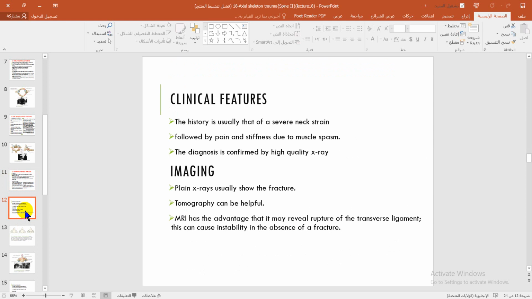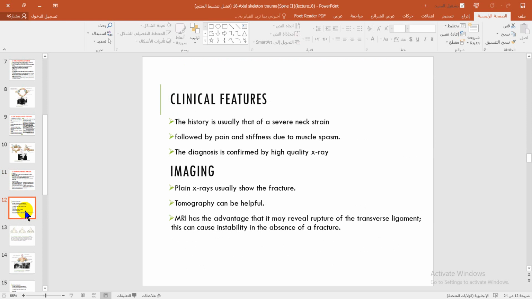Clinically, there is a history usually of severe neck strain, followed by pain and stiffness due to muscle spasm, and diagnosis is confirmed by high-quality X-ray. Imaging: plain X-ray usually shows fractures, and tomography or CT scan can be helpful.